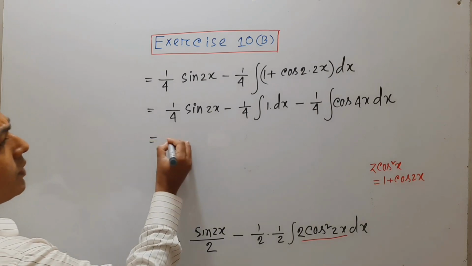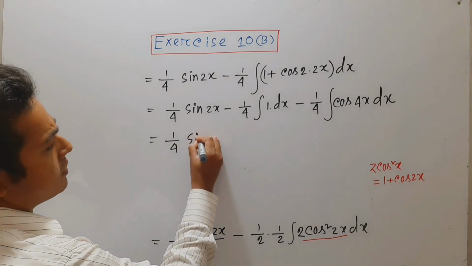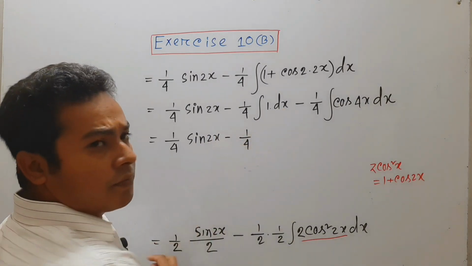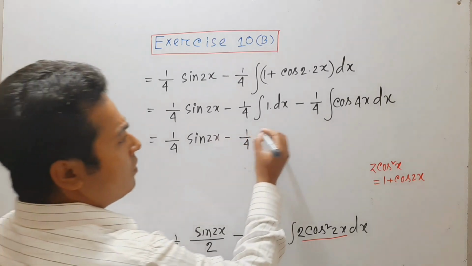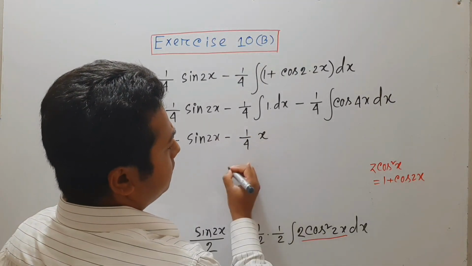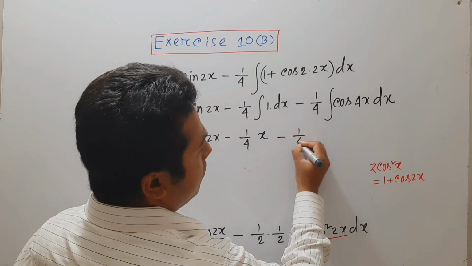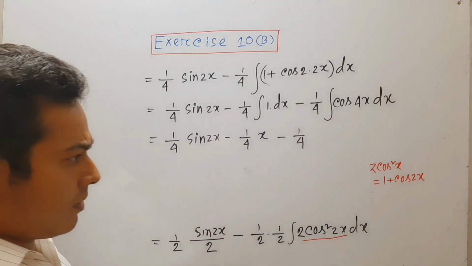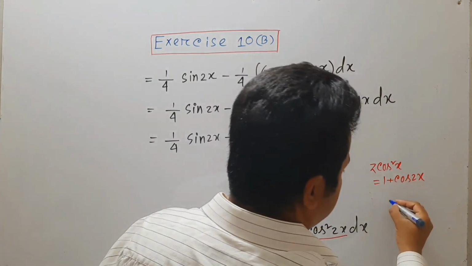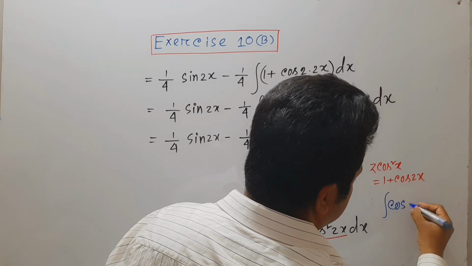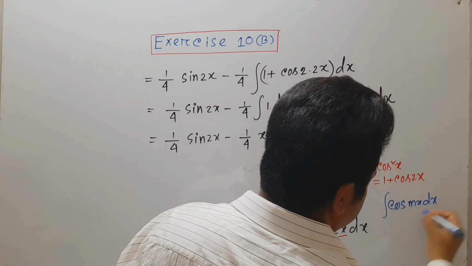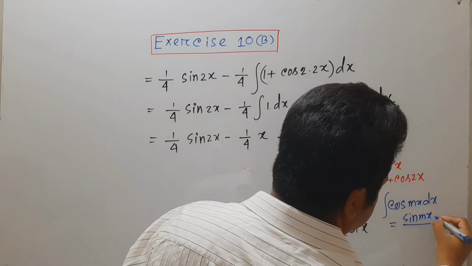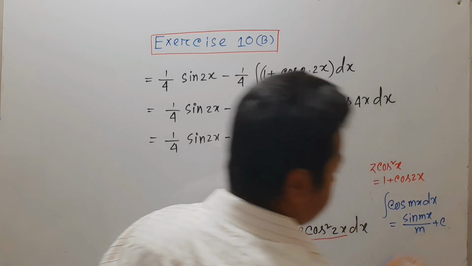So 1 by 4 sin 2x minus 1 by 4 integration of dx is equal to x, and minus 1 by 4, according to the formula of integration of cos mx dx is equal to sin mx divided by m plus c.